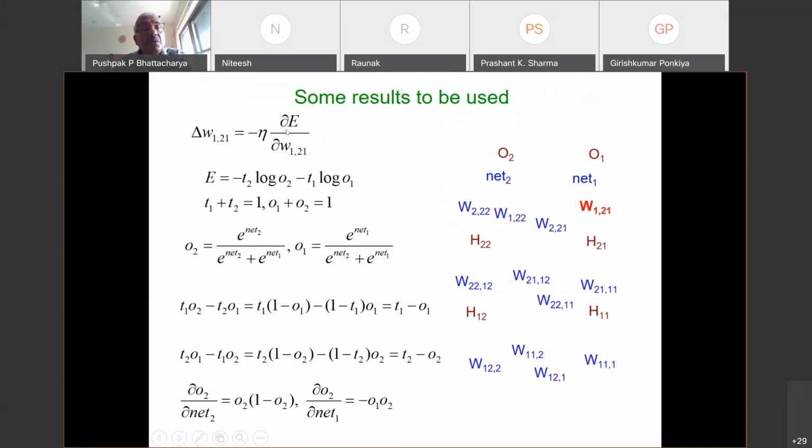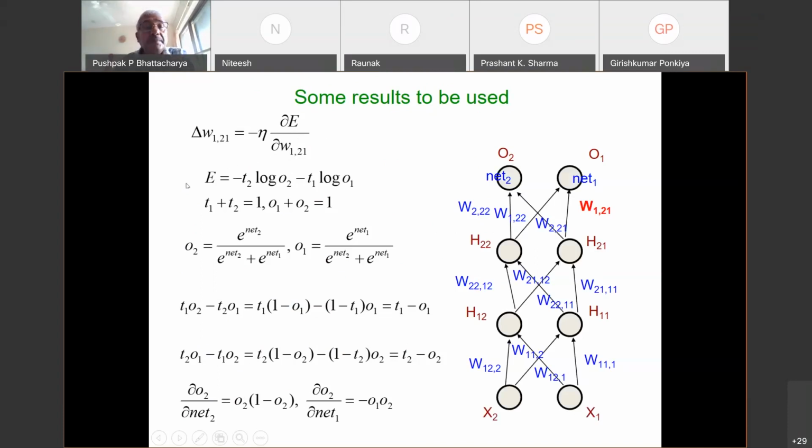So minus delta E by delta W121 is the negative gradient of error with respect to the weight in question. So the change in weight is proportional to the negative gradient of the loss function with respect to that weight. This is the basic rule, the gradient descent rule. And we now introduce a constant of proportionality eta, which is called the learning rate. The learning rate is between 0 and 1.